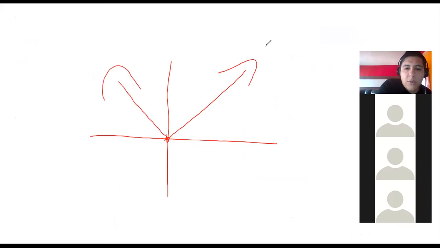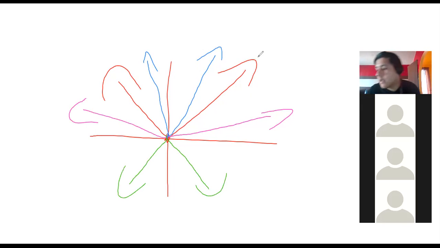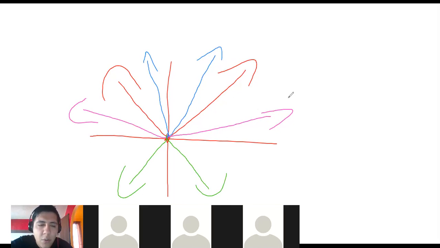When we stretch the graph, it should look like this. When we compress the graph, it should look a little more like this. And when we reflect the graph, it should go downwards like that. Now, when we do a vertical stretch or a compress, do our domain and range, do any of those things change?